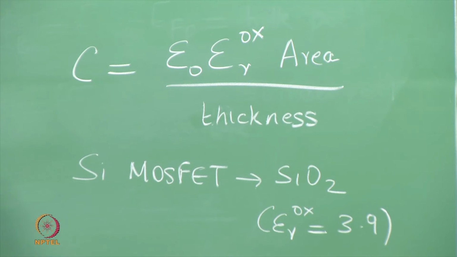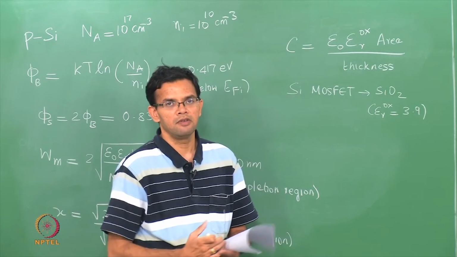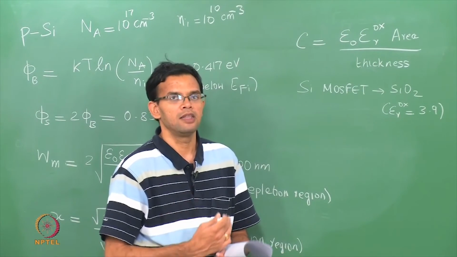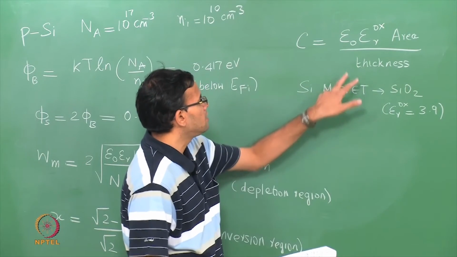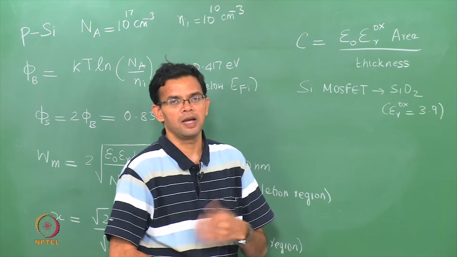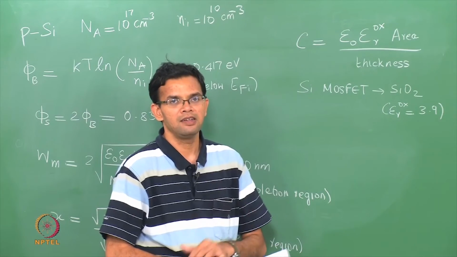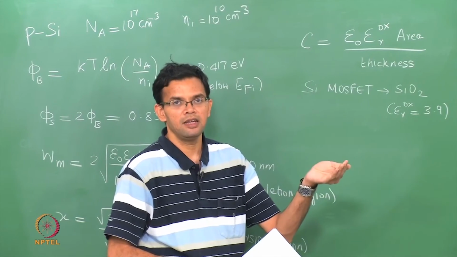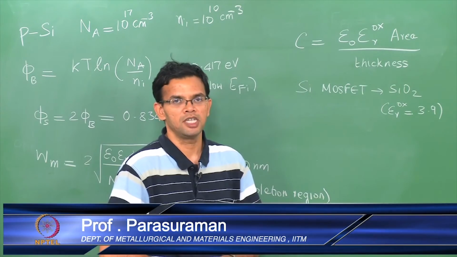Now, as the dimensions of the transistors start to come down, so this is your scaling where you have more transistors packed within a given IC, the dimensions of all the other components of your transistor will also have to come down. So, as the thickness reduces, your capacitance will increase, but if your thickness becomes too small, the oxide layer is very thin, so that you can have tunneling between the metal layer, which is your gate, and the N channel, and this will affect the properties of the channel.